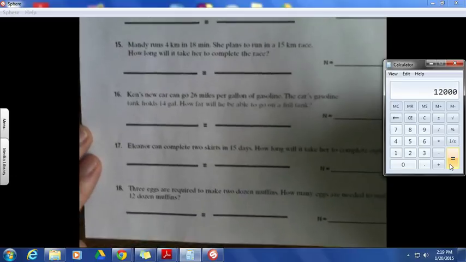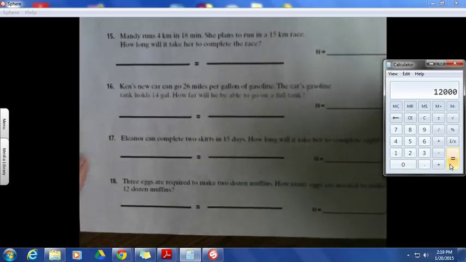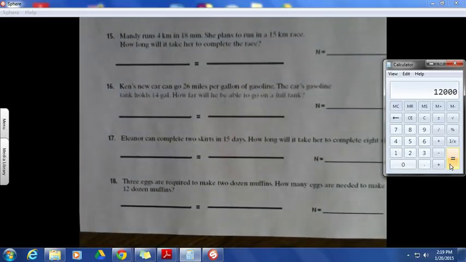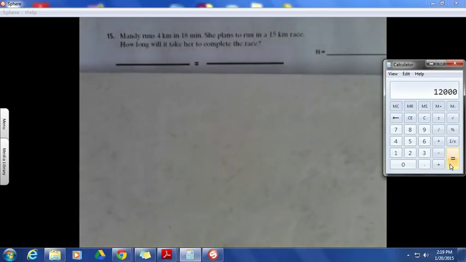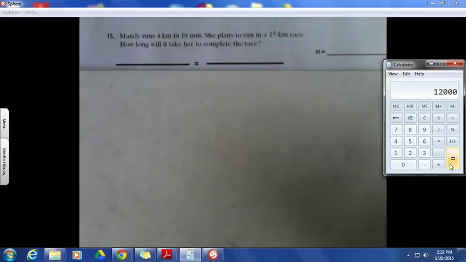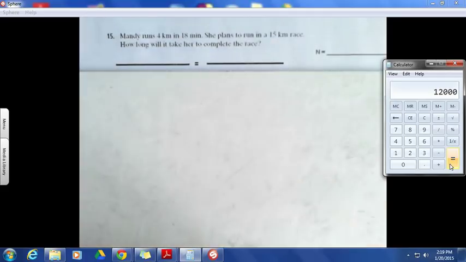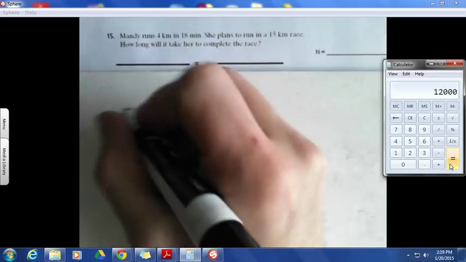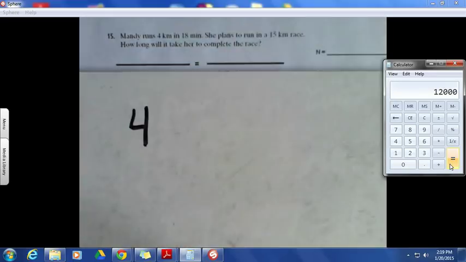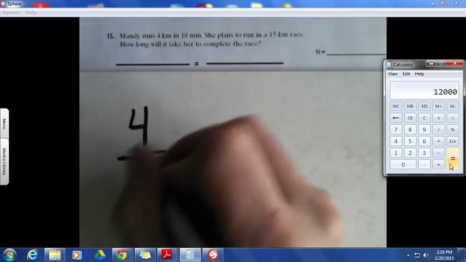Alright, last one. Mandy runs 4 kilometers in 18 minutes. She plans to run a 15-kilometer race. How long will it take her to complete the race? Now we're assuming that she is running at the same rate here. So let's set up a proportion. Mandy runs 4 kilometers and it takes her 18 minutes.